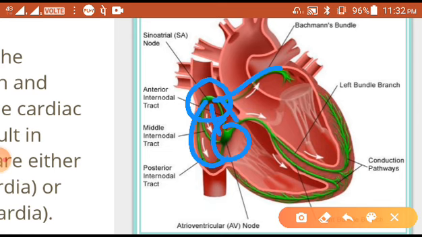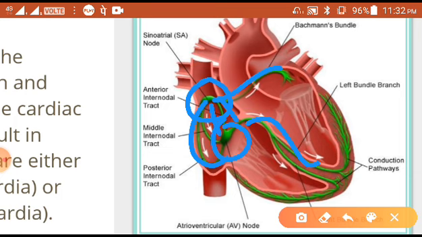Once the impulses reach the AV node, the conduction velocity in the AV node is quite slow. So you can understand it this way: from SA node to AV node, it comes with a moderate speed, but from AV node to the bundle of His, it comes with a very slow pace.